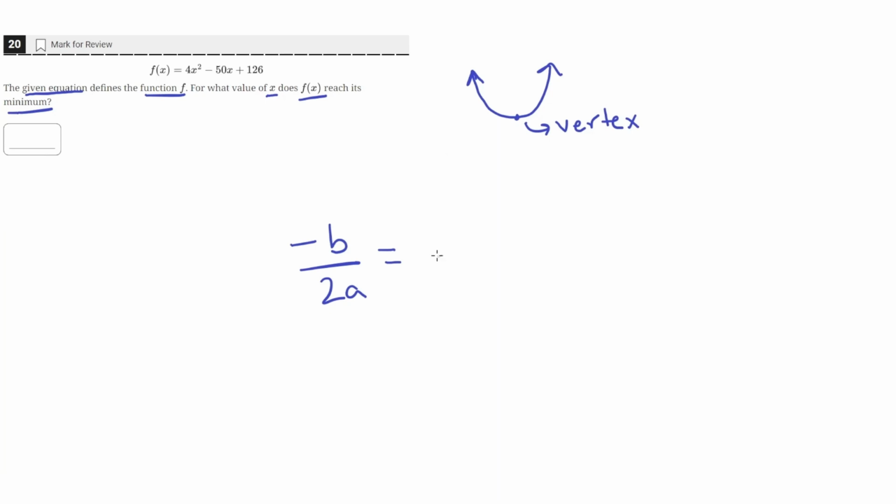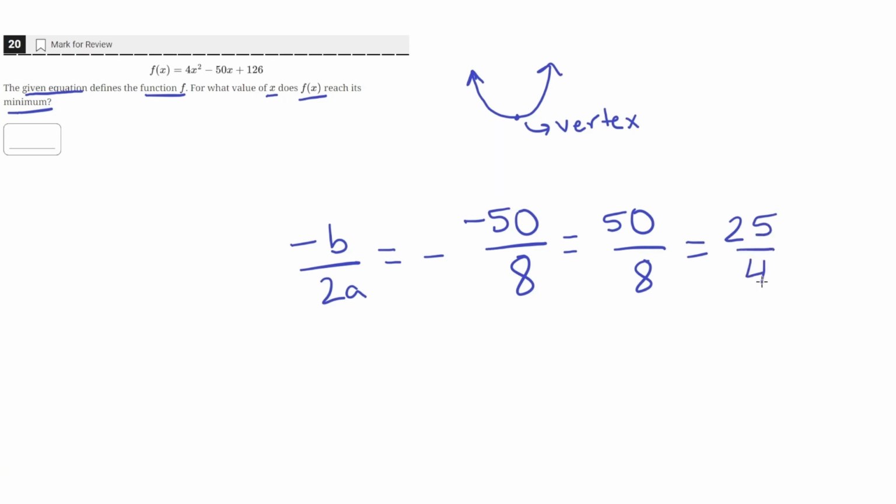So in this case, the x value of the vertex is equal to negative 50 over 2 times 4, which is 8, which is just equal to 50 over 8, or 25 over 4, which is the answer.